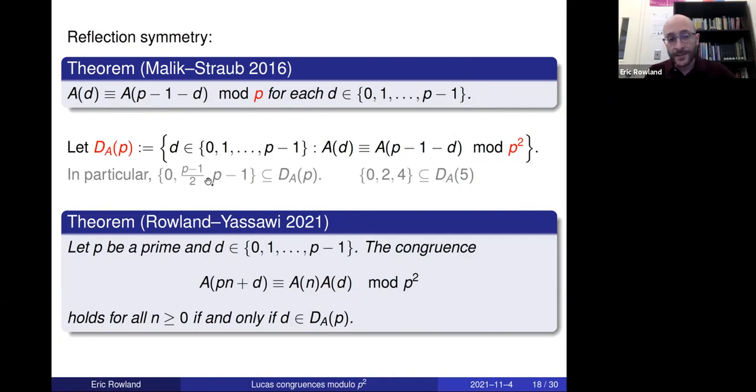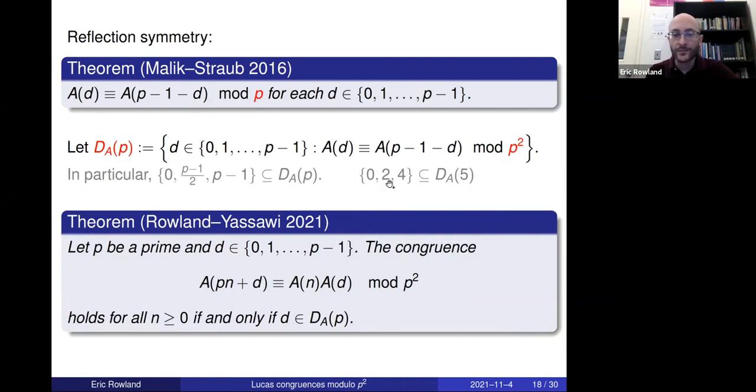So this set is not empty because P minus 1 over 2 is the halfway point, so that will always satisfy the reflection symmetry. You can also show that the P minus first Apery number is always congruent to 1 mod P squared, and A of 0 is 1. So 0 and P minus 1 will also always be in this set.